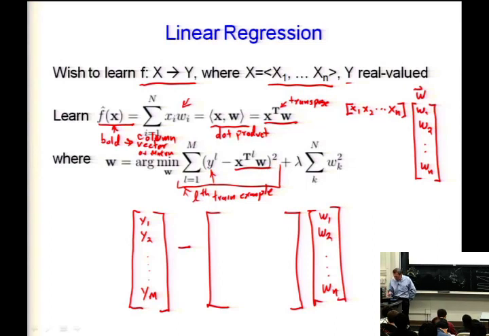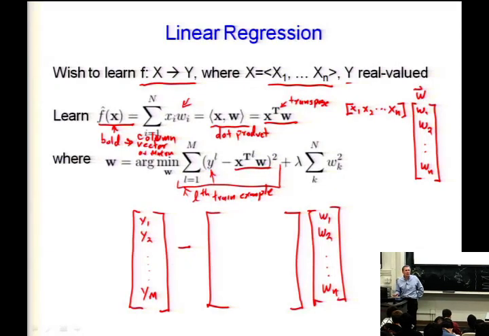So what should I put here in the first row of this matrix? The first training example, right. So this will be the value of feature x1 for the first training example, x2 for the first training example, xn for the first training example. Down here I'll have the mth training example. All n features for all m examples.